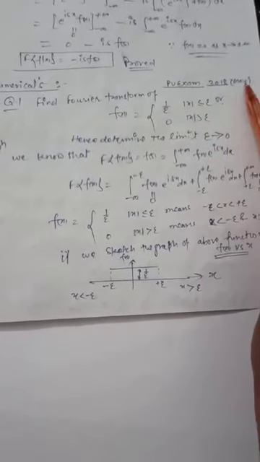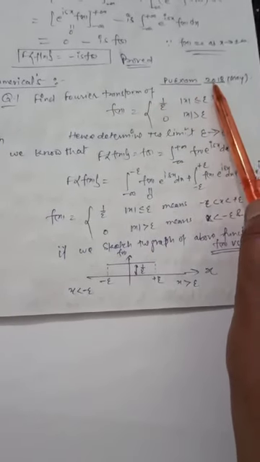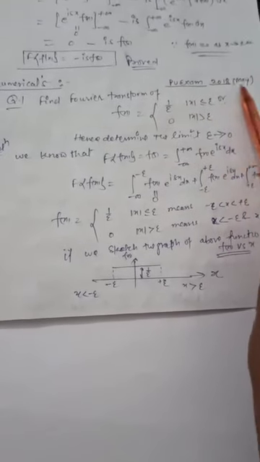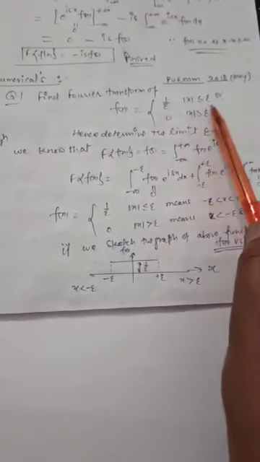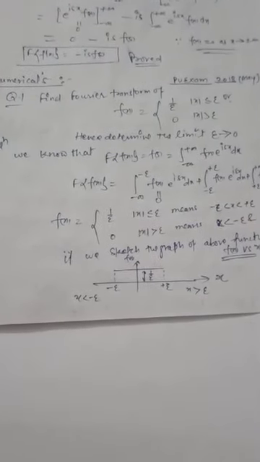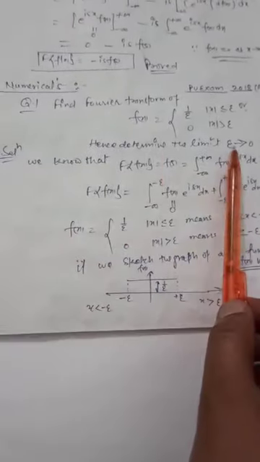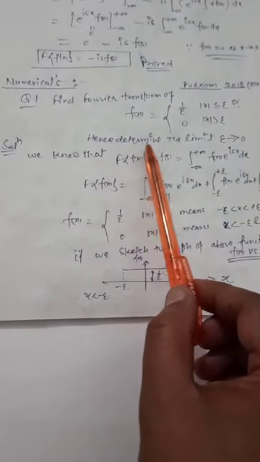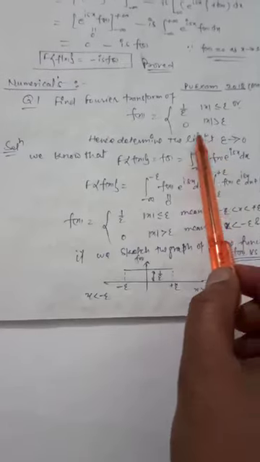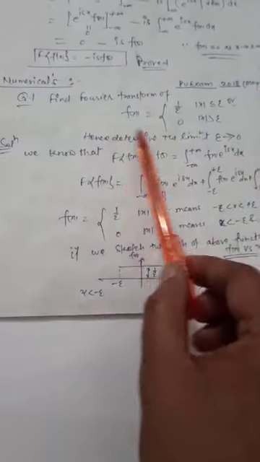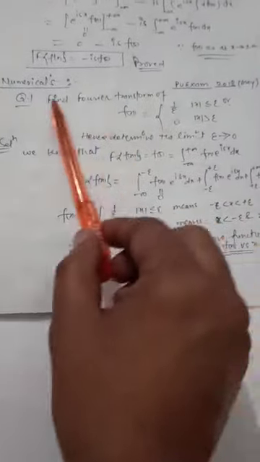This question was asked in your university MSc exam, PU exam, May 2018. One more part of this question is: hence determine the limit. What happens if epsilon tends to 0, what happens to the result of the Fourier transform of this function.